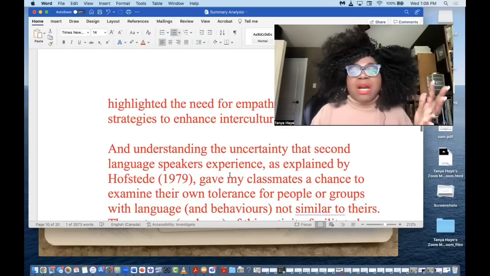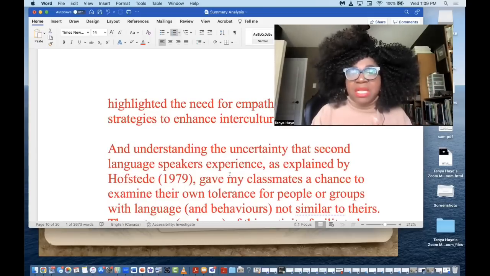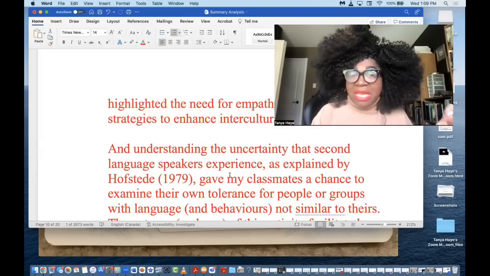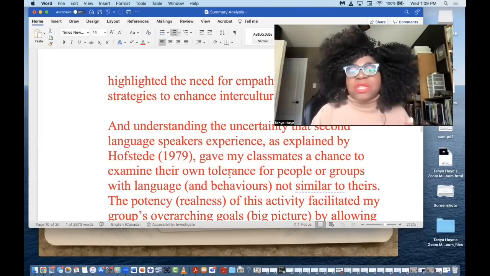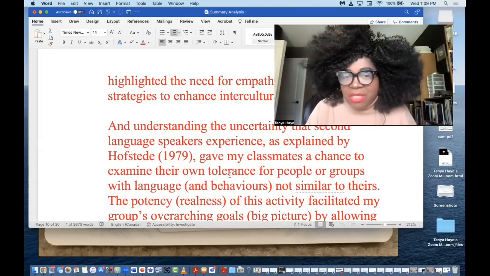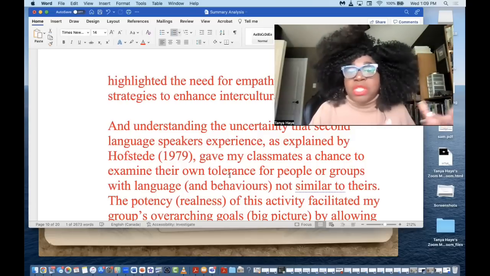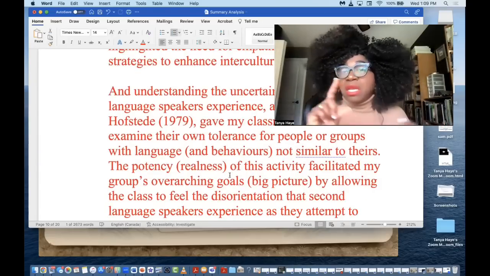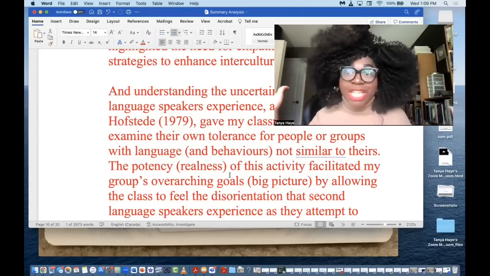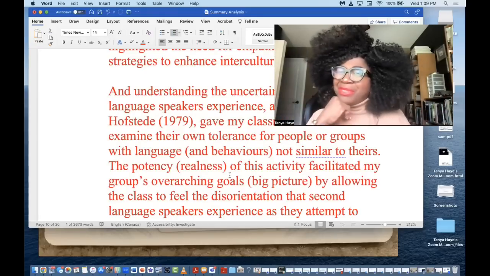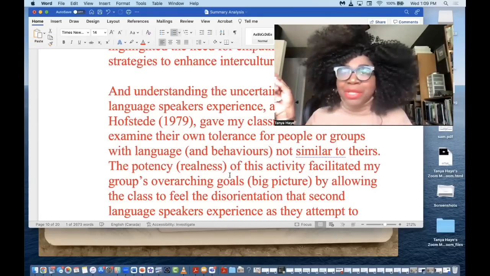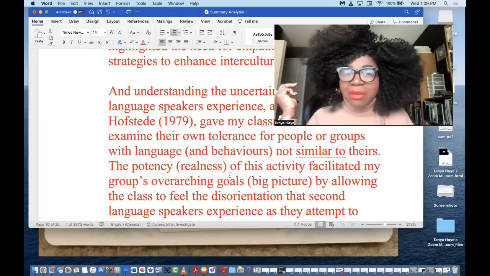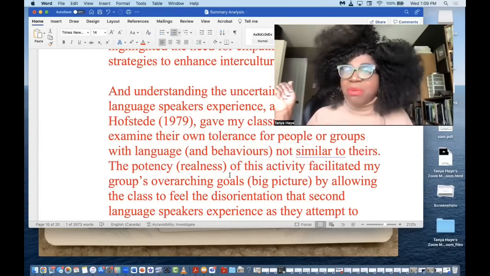And so I said, understanding the uncertainty that second language speakers experience, as explained by Hofstede, 1979, gave my classmates a chance to examine their own tolerance for people or groups with language and behaviors not similar to theirs. The potency, and initially I had the word realness, and then I thought, realness, no. And I just Googled thesaurus, and I put in realness, and it gave me a bunch of options, and I said potency. I prefer that word.